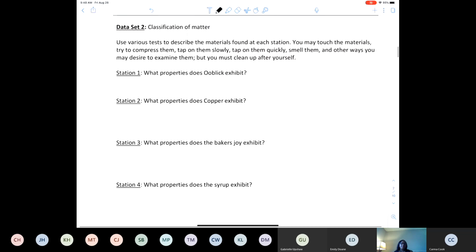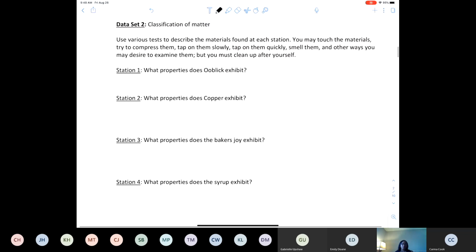Now let's move on to data set 2. For data set 2, in the video that you're going to watch on your own device, you're going to notice how I handle 10 different substances.